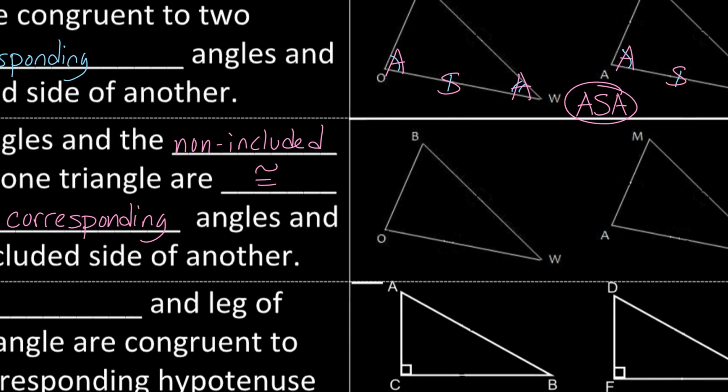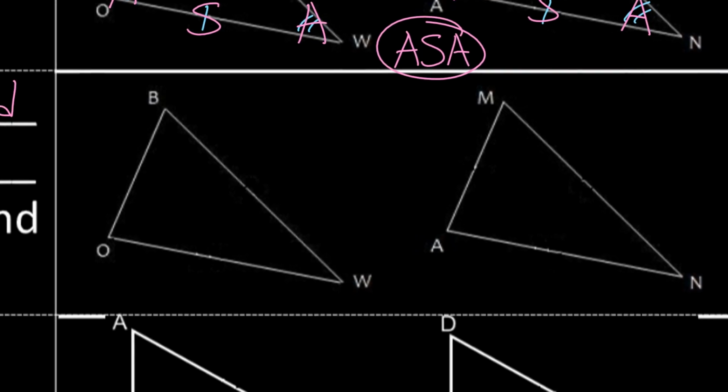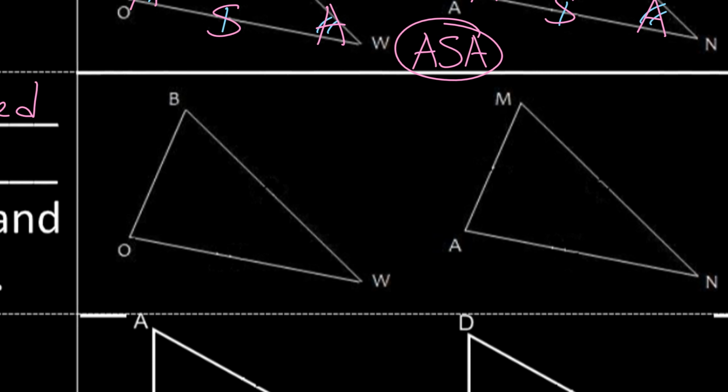So I'm going to do AAS now. We'll do, let's see, B congruent to M, W congruent to N. And where does the side need to go to make this AAS? Where's the non-included side going to go?